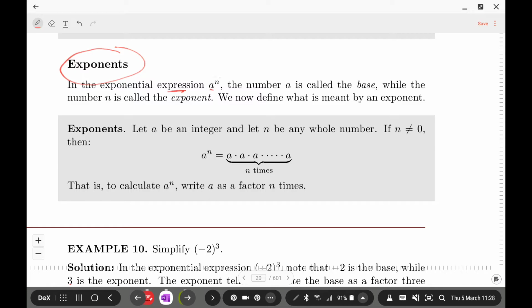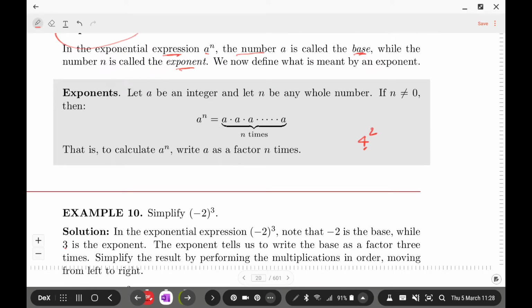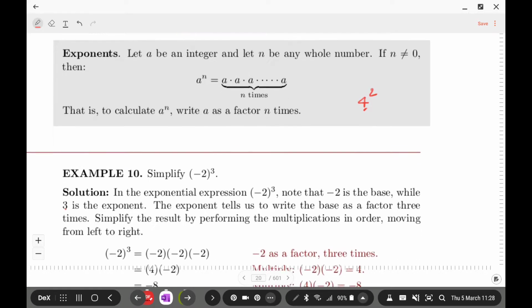A is called the base, while the number n is called the exponent. So in this case, 4 to the power of 2, the number 4 is called the base, and the number 2 is called the exponent. So we now define what a to the power of n is: a times a times, and so on. So we know exactly how this works.